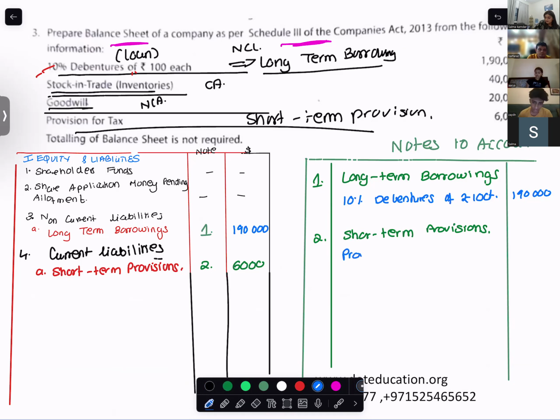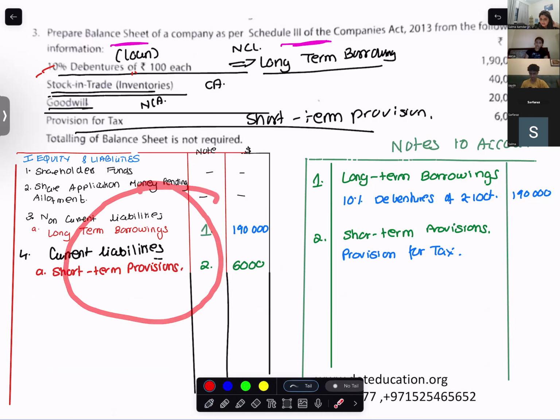I have provision for tax. Here I can write only the content of the balance sheet and nothing else. Are you with me?